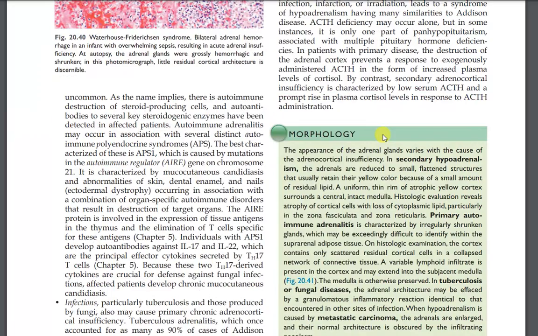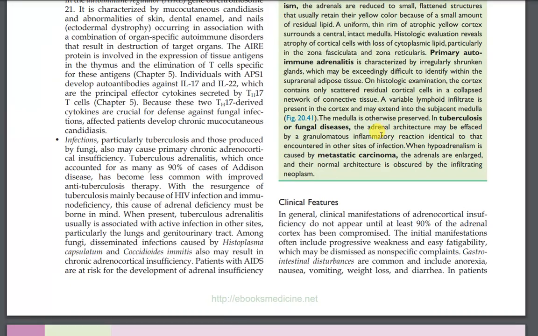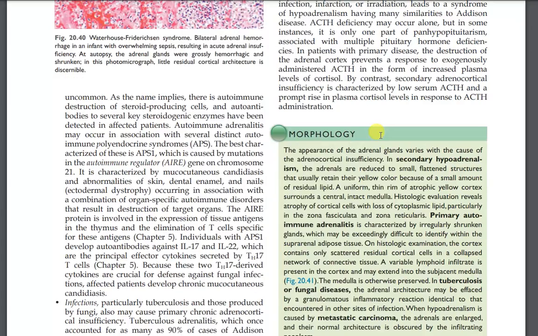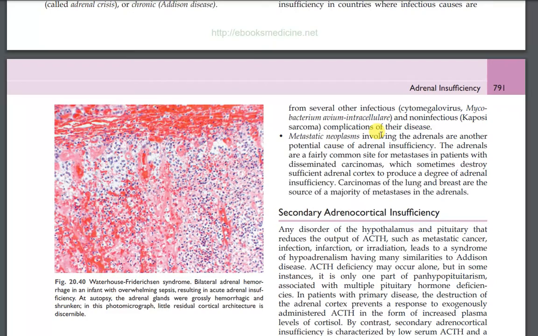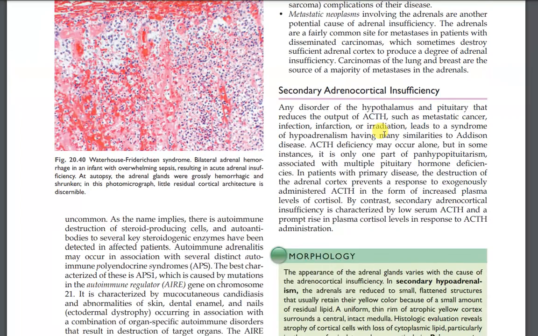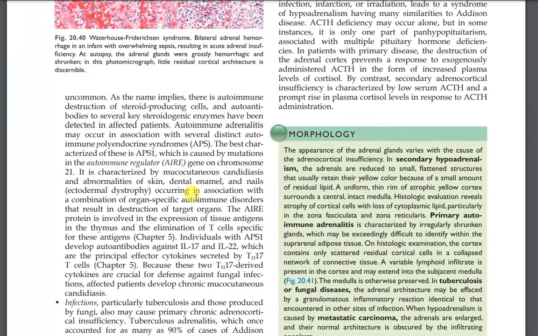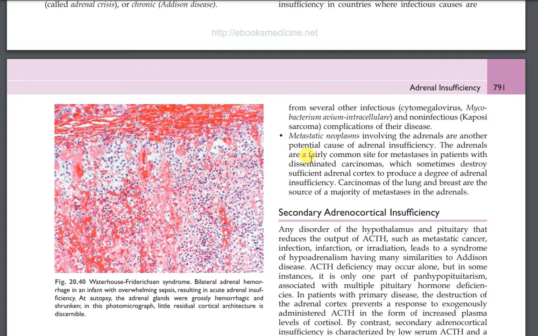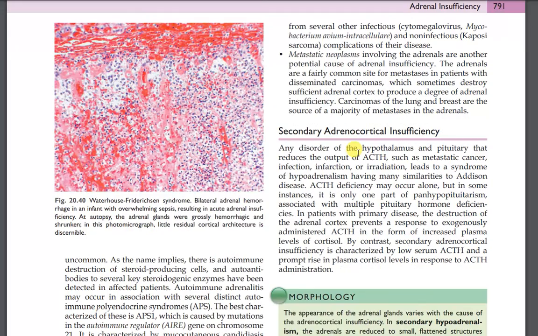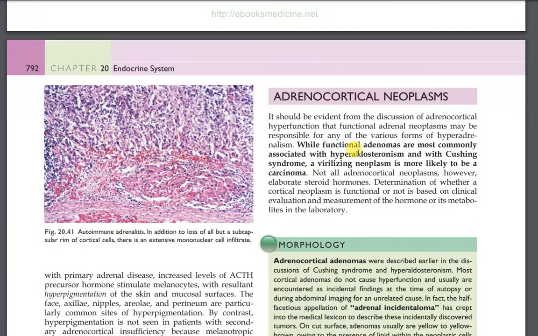One of them is Addison syndrome, where there is a decrease of glucocorticoids and mineralocorticoids, but the decrease of mineralocorticoid production is more prominent in this disease.